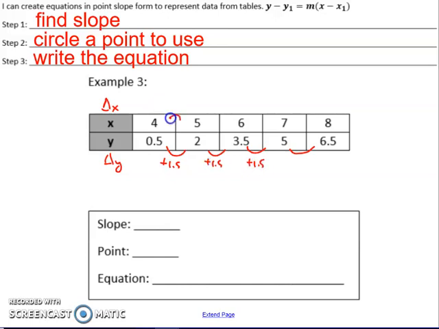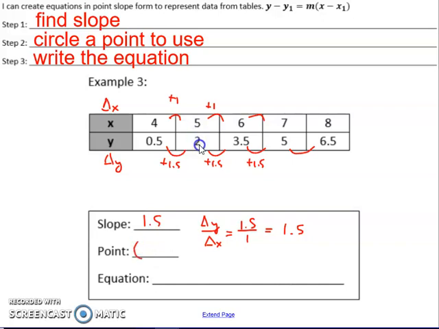Okay. X is changing by 1. Oh, sweet. Okay, cool. That one wasn't too bad. So change in y over change in x is going to be 1.5. Change in y over my change in x is 1, which is the same as just saying 1.5. Okay, so we're going to leave it as that decimal.